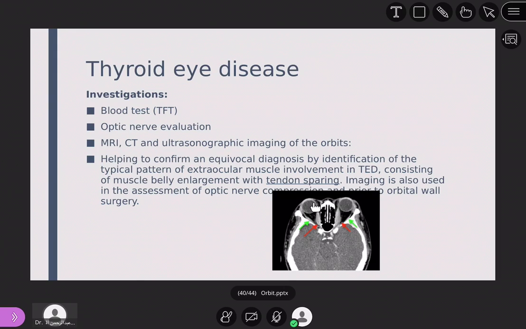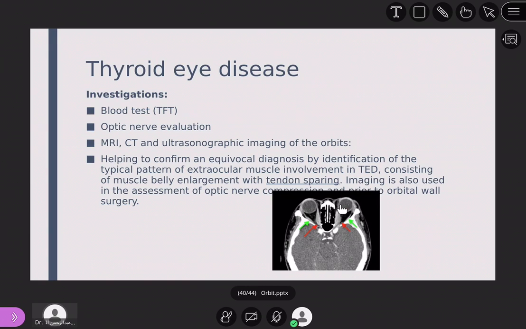There is something specific, or pathognomonic, for thyroid eye disease, and it is tendon sparing. Here you can see the muscle really is enlarged. However, the tendon here is not. The tendon is spared, the tendon is not enlarged.